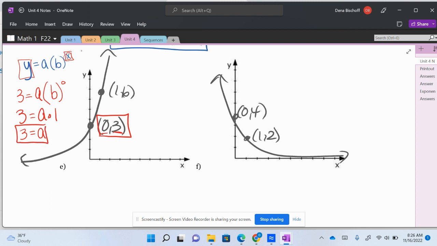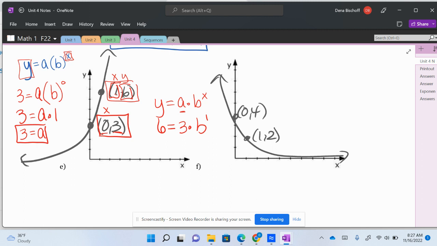So now we're going to use the fact that we know what a is and use this x and y point. So we're going to rewrite y equals a times b to the power of x, but I know that a is 3. And I'm going to use this as my x coordinate and this is my y coordinate. So 6 equals 3 times b to the first power.